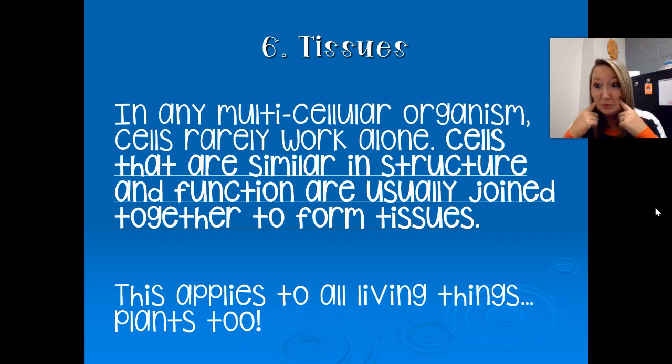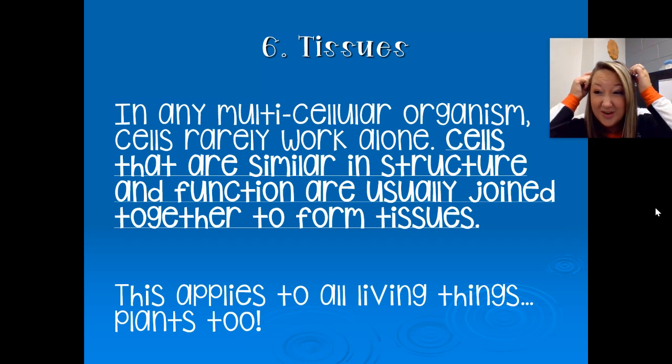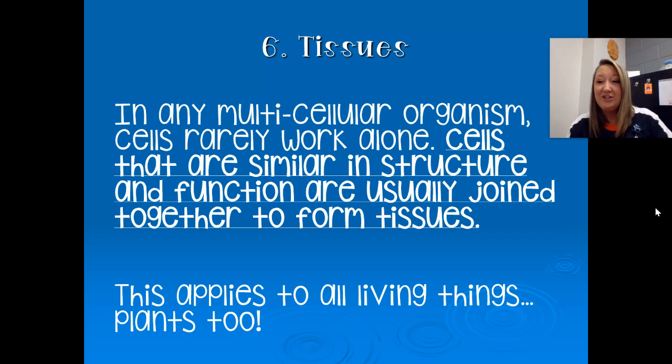We've got skin tissue, right? If you've ever been to the doctor and had a blood sample taken, guess what? Blood is a type of tissue, a liquid tissue. You've got brain tissue, right? You've got muscle tissue. You've got intestinal tissue inside your gut. All of those tissues are working together to perform a specific job.